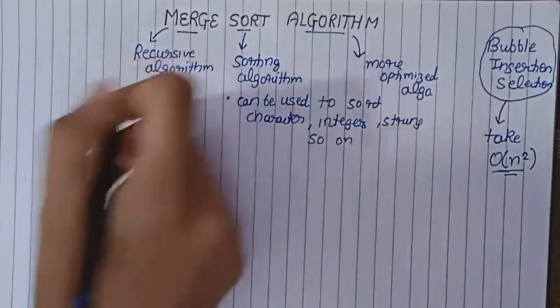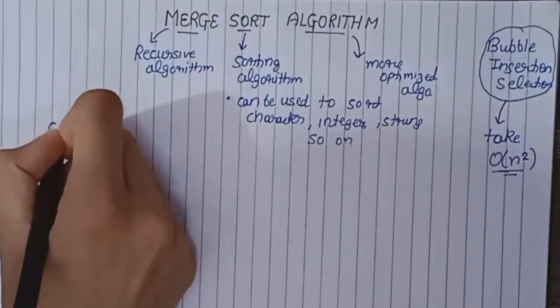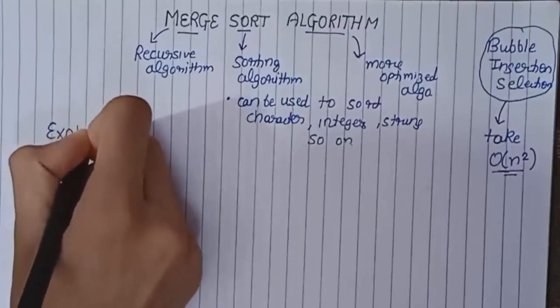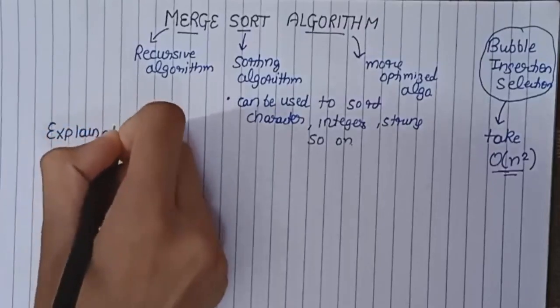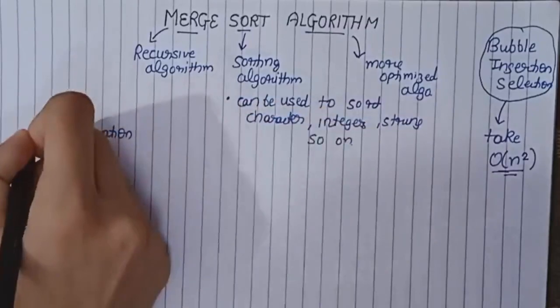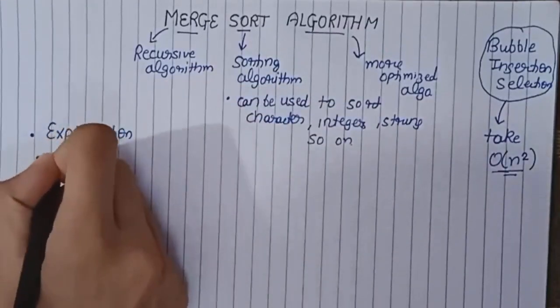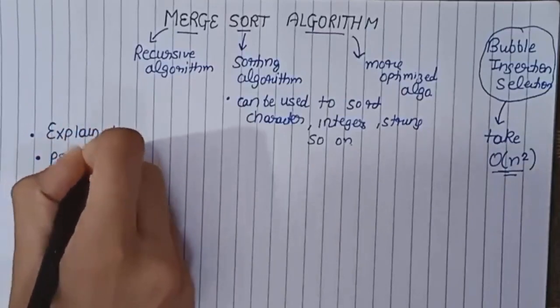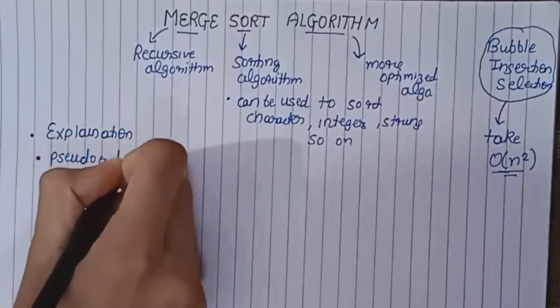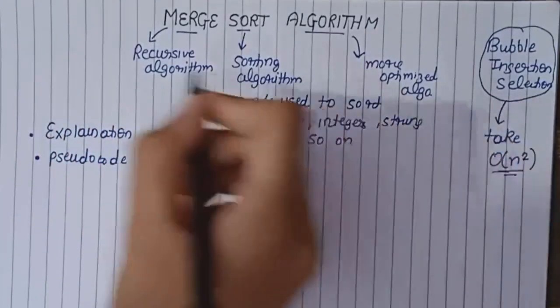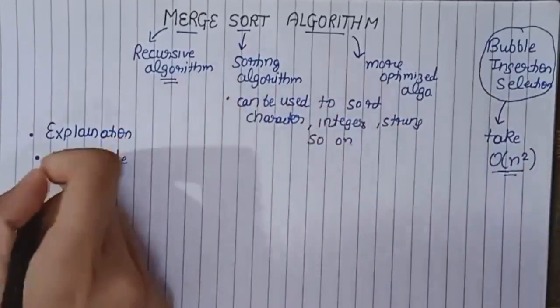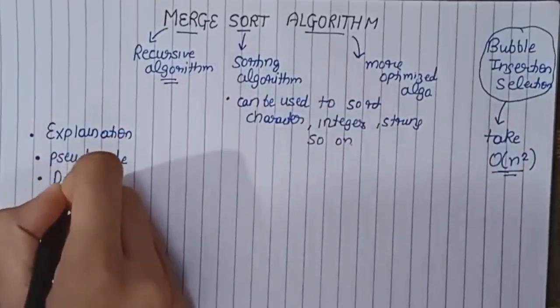So now we will start our session. In this session, we will see the explanation, or I can say the working, of merge sort algorithm. Then we will move on to the pseudocode of this algorithm. And since it is a recursive algorithm, we will do a dry run for this.